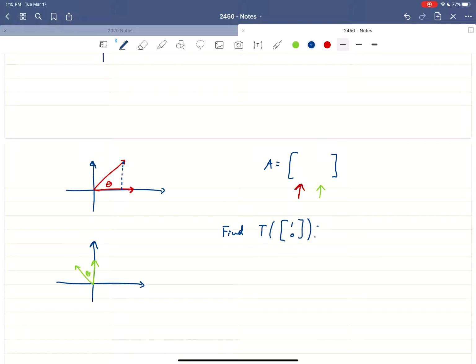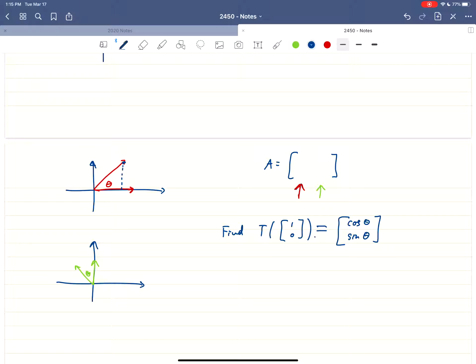Because if we know that, we're going to be able to have our vector. If you remember geometry, the x value is going to turn out to be cosine of theta, and the y value is going to turn out to be sine of theta. And we're done.